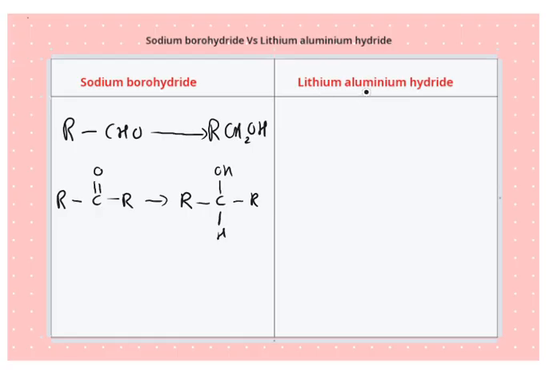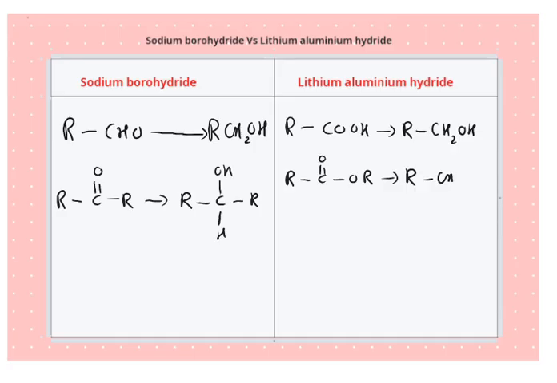But whenever we use lithium aluminium hydride, along with these two reactions, remember students, lithium aluminium hydride does these two reactions as well. Along with these reactions, it can also reduce carboxylic acid to primary alcohol. It can even react with an ester and reduce it to an alcohol. It can even reduce nitrile, cyano compounds, to the corresponding amines.